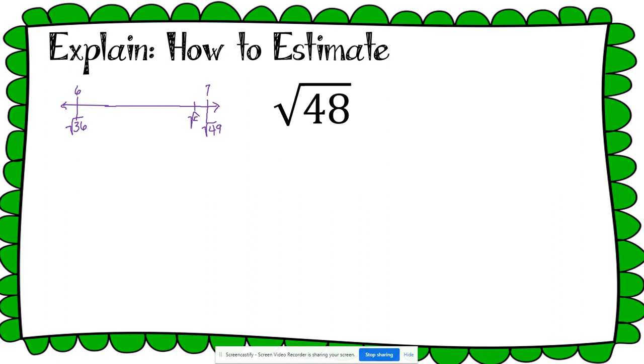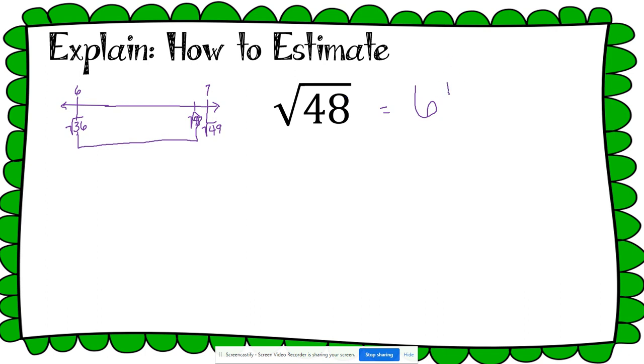I know that it's located closer to 7, but because it's between 6 and 7, I know that it's going to be 6 and something, so we need to figure out what that fraction would be. The first thing we would do is figure out the distance from our first perfect square to the number we're looking for. So from 36 to 48, that is 12 spaces away.